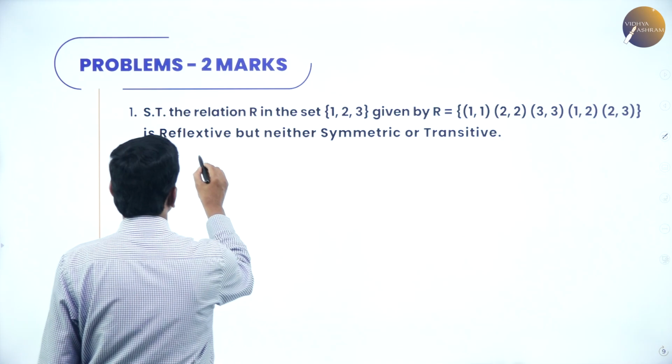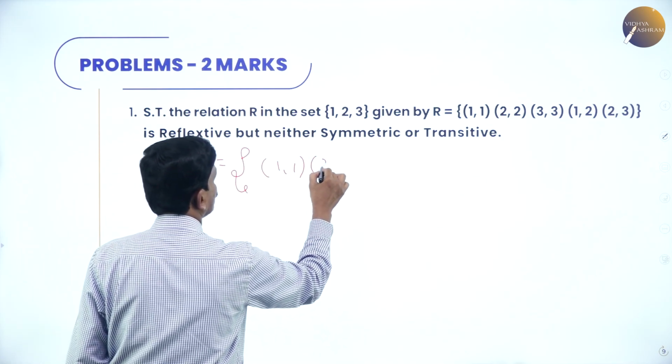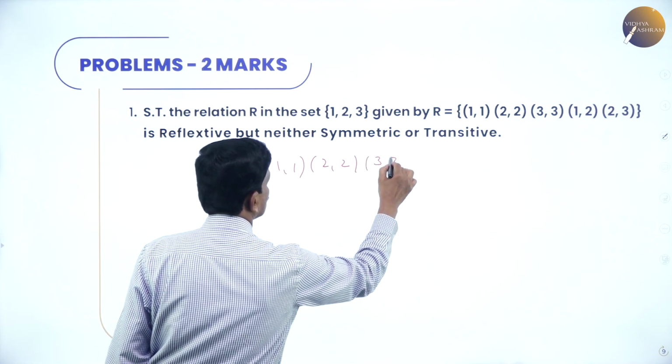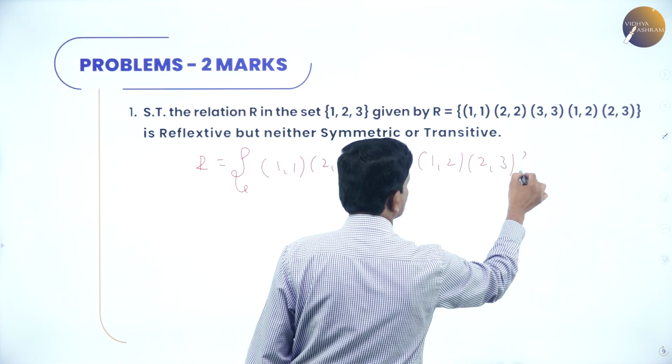What is given here? R is given by the relation {(1,1), (2,2), (3,3), (1,2), (2,3)}.